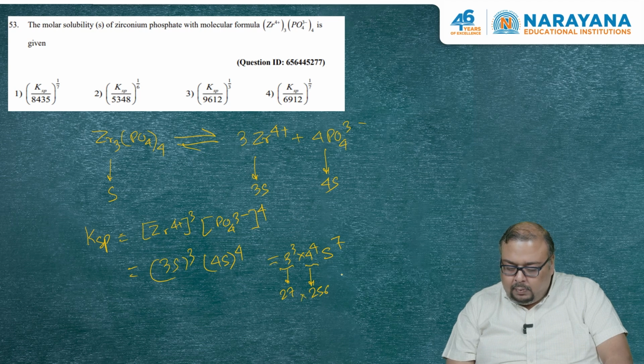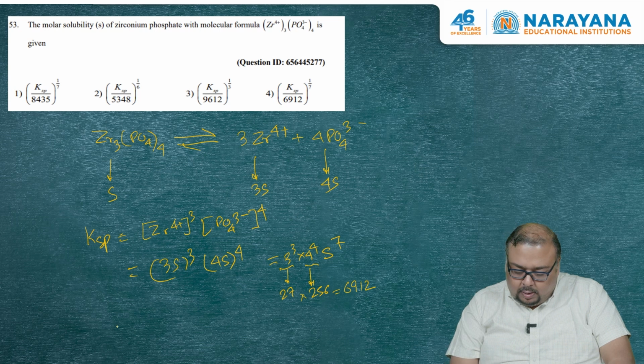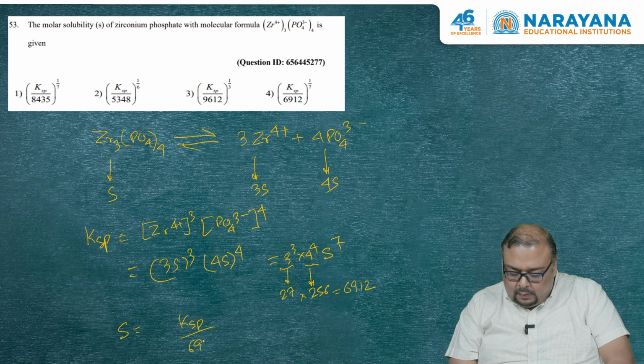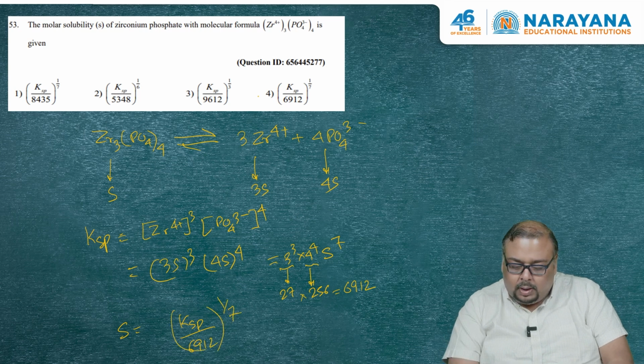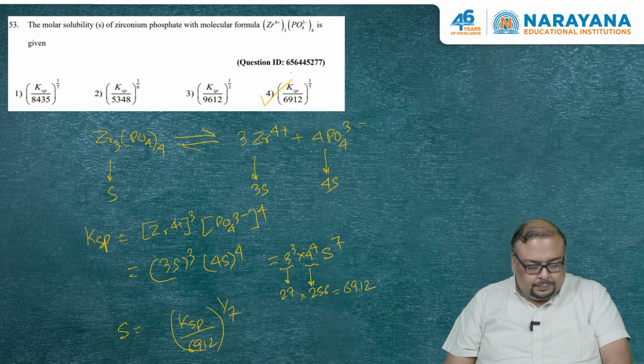So if you multiply it, 27 into 256, it should come close to 6912. Okay, so the answer should be, if I am taking S, it will be Ksp by 6912 to the power 1 by 7. So correct answer should be option 4.